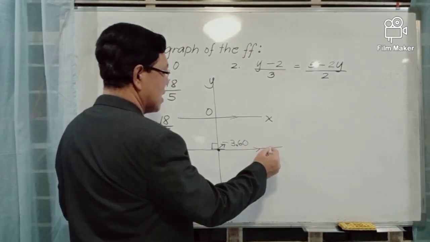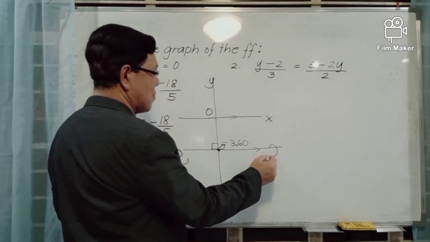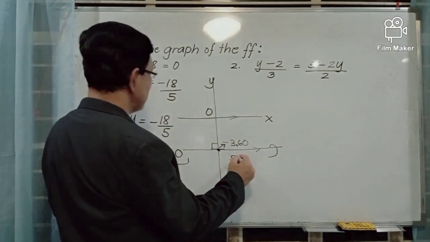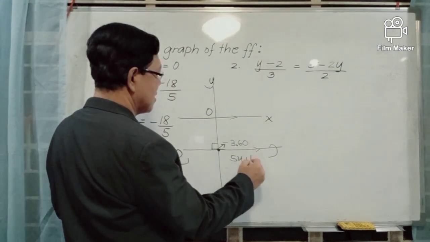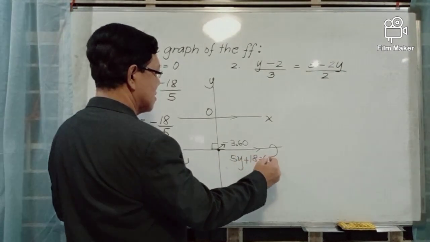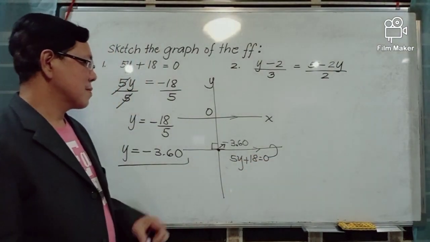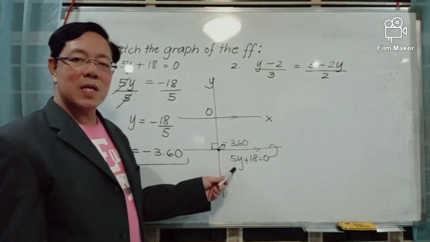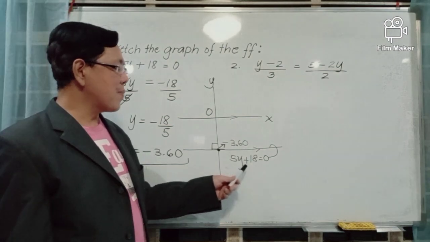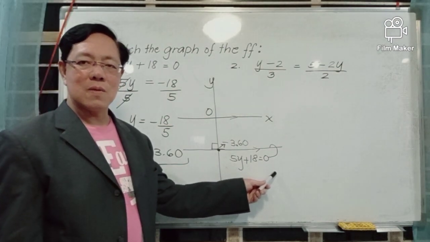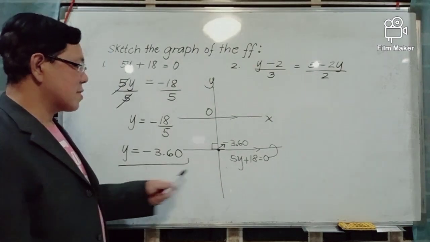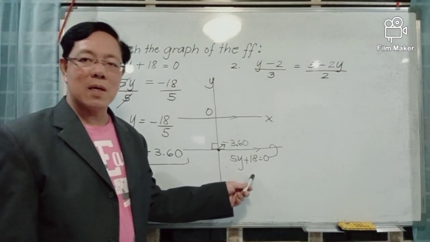And you can label the equation of this line with 5y plus 18 equals 0. This horizontal line is the graph of the linear equation 5y plus 18 equals 0. And when we sketch the graph, we solve first this linear equation for y.